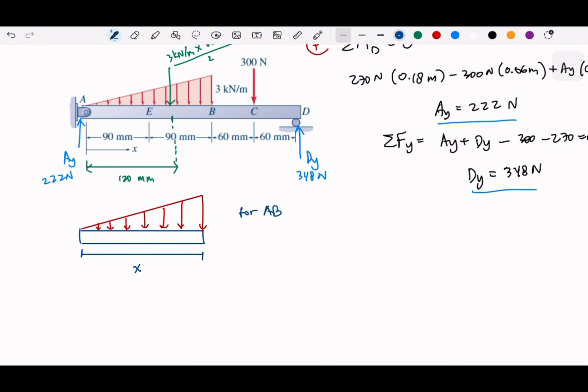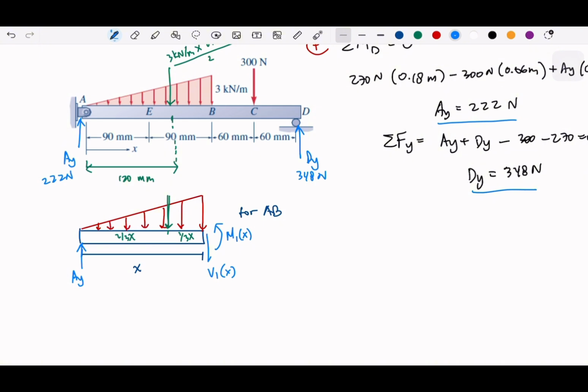Okay, for AB. We have AY, this AY. And here we have V1 and M1. And we have another concentrated load, which is here. We define this one as 2/3 x and this as 1/3 x. And then from the whole diagram, suppose that we have the same ratio.